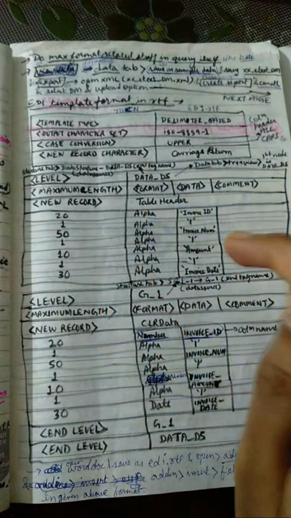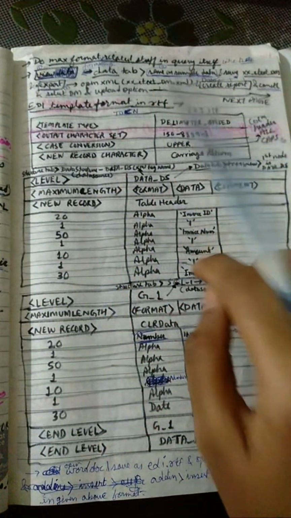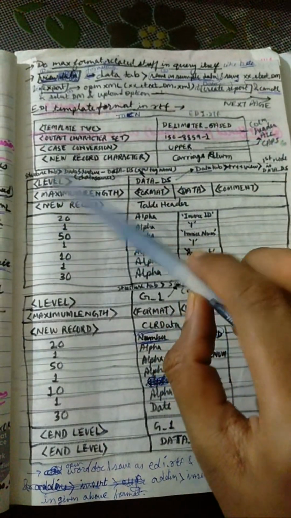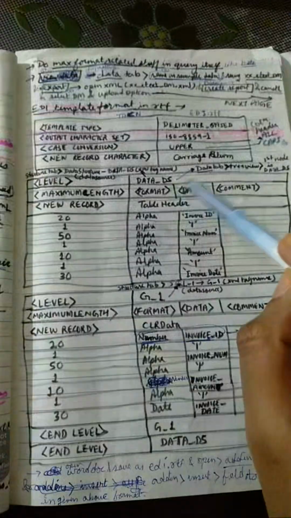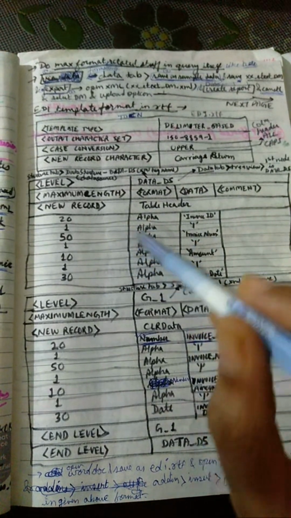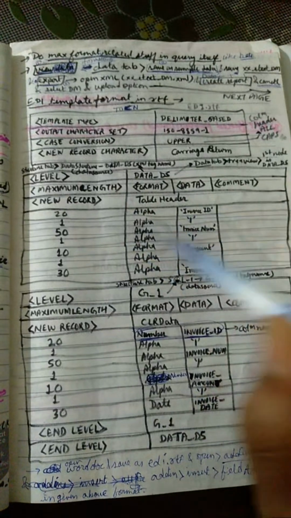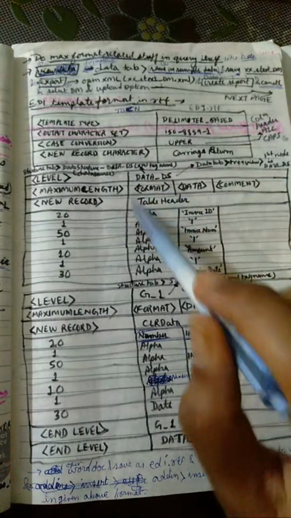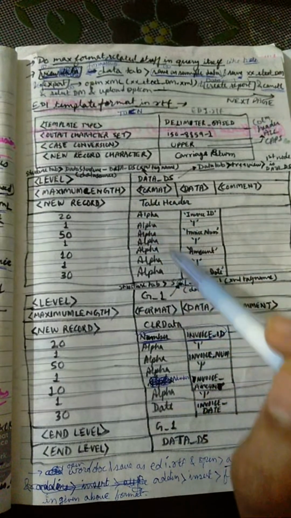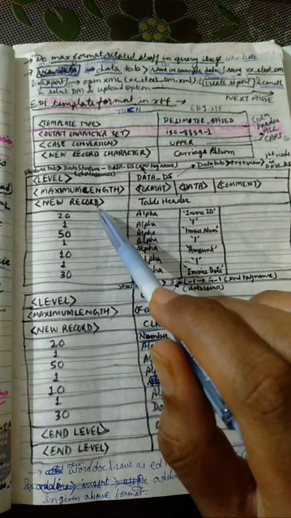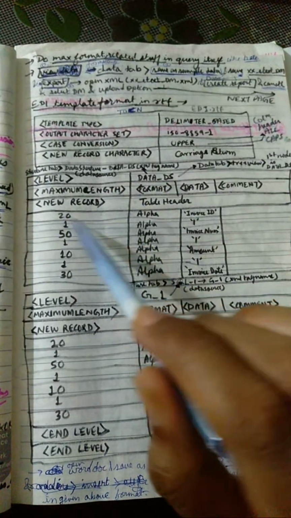The very first thing in any report, be it EFT or EDI, the first line should be my column headers, or column names. So I have taken table header here. You can write anything just to describe what it is about. This is my new record.